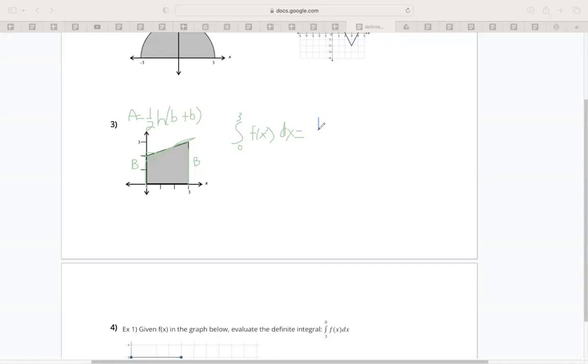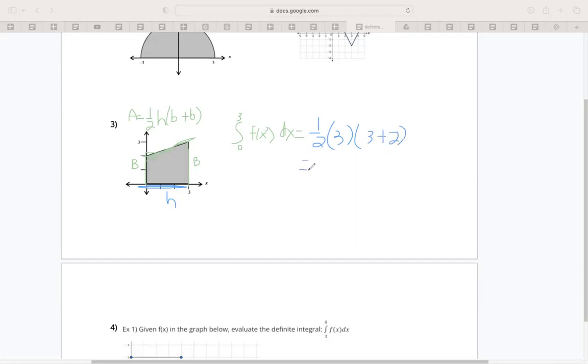Okay, so I'll write it over here. We'll plug it in. So 1/2. So the height is actually here. This is the height because it is tipped on its side. So the height is 3. And then times the length of my 2 bases. So this base is 3. And this base is 2. So 3 plus 2.